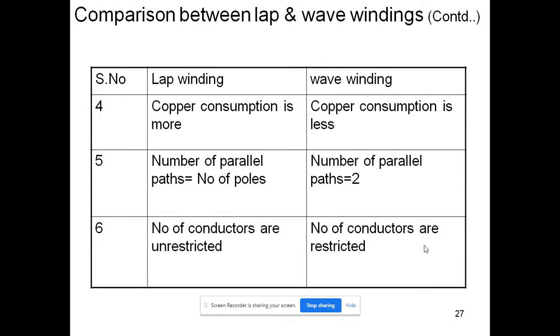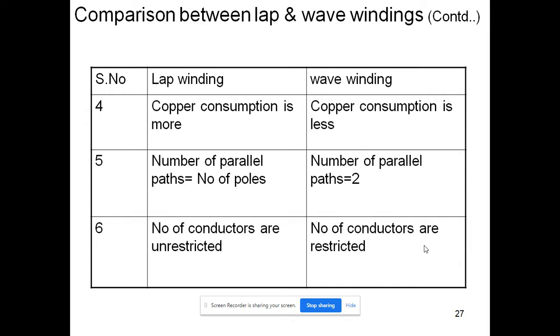And the number of parallel paths is always equal to the number of poles in a lap winding. This we have already seen in the EMF equation. There we have seen A is equal to P, where A is the number of parallel paths and P is the number of poles.